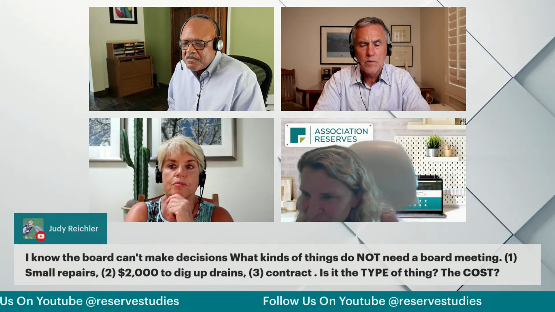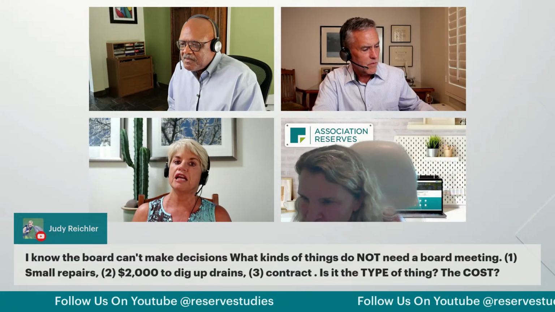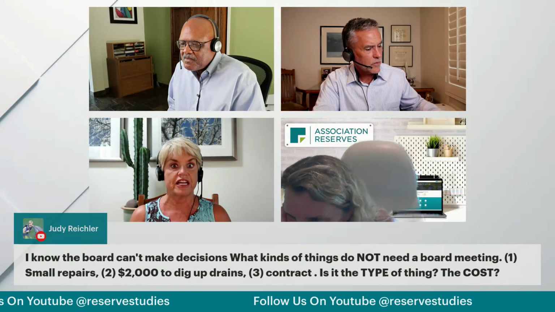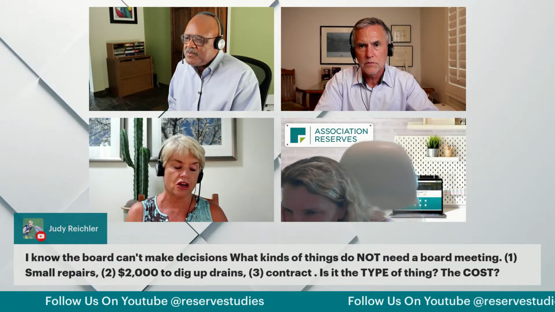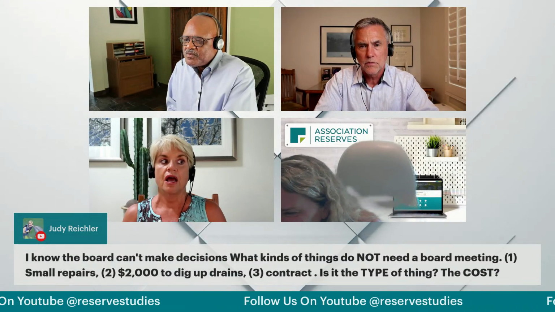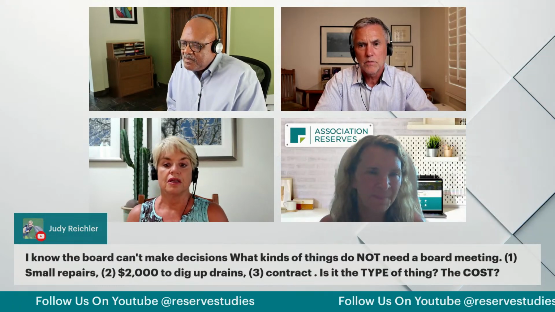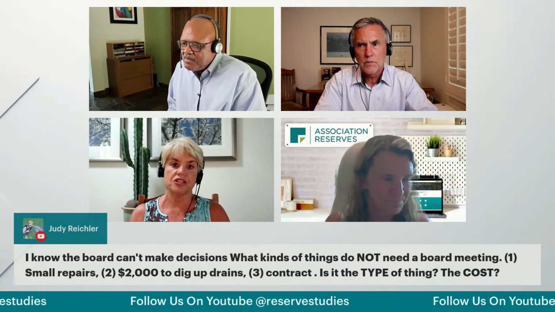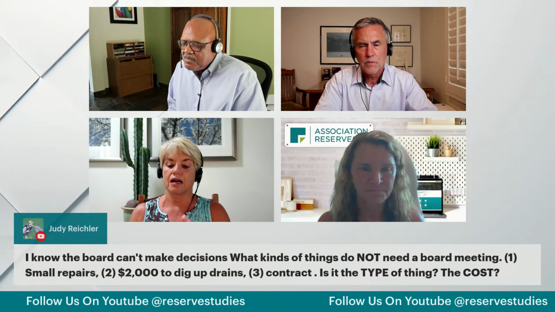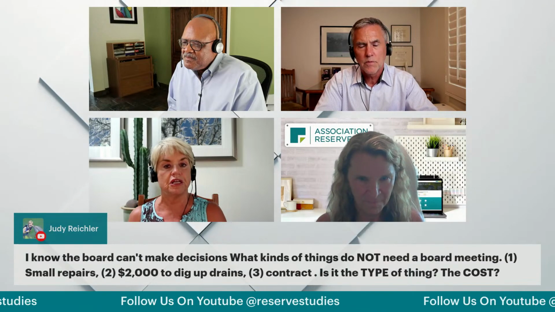So it's not really so much the type of thing, though sometimes it is. If the board's going to make a big policy decision, it's going to affect everybody. I mean, a big policy decision that's currently not going to cost money, but might down the road, I would do that in a board meeting before anything goes into effect. So big policy decisions, expenditure of money, and big reserve expenditures, all those kinds of things should be in a board meeting.